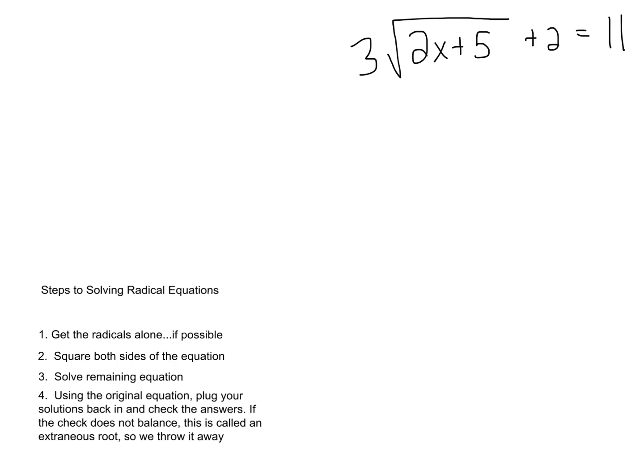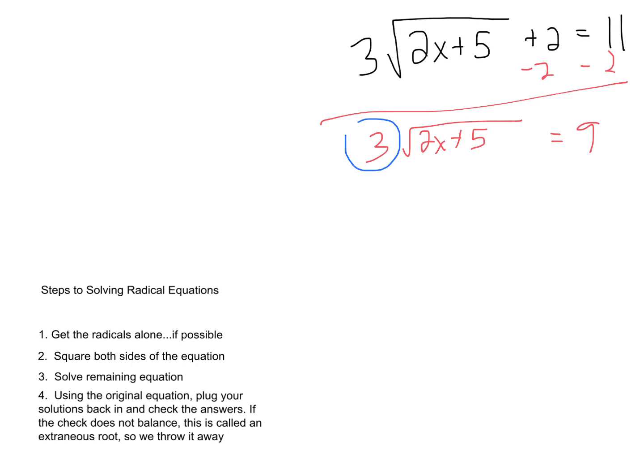Alright folks, I'm back. They're still setting up, so I'm going to take this time to do this problem with you. The first thing I'm going to do is get the radical alone, so I'm going to subtract the 2. 3 radical 2x plus 5 is equal to 9. Now realize this is showing multiplication between the number and the radical, so to undo multiplication, we have to divide by 3. So radical 2x plus 5 is equal to 3.